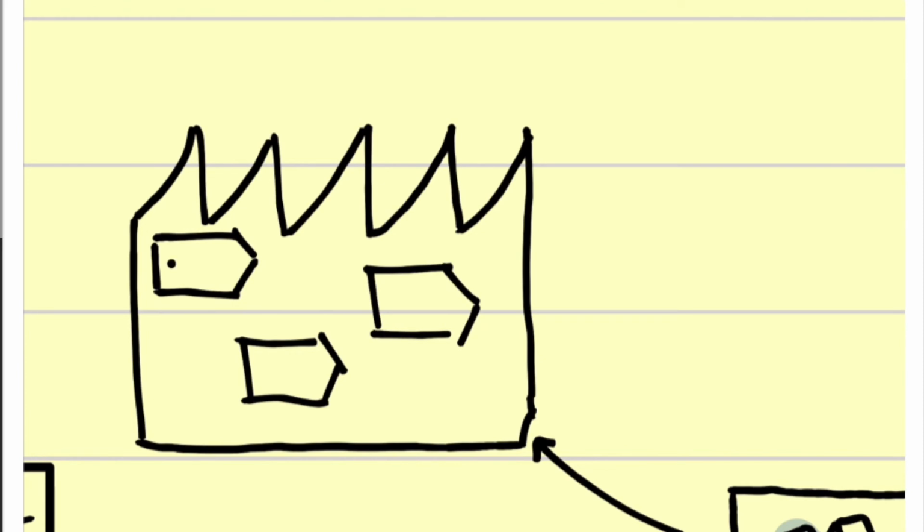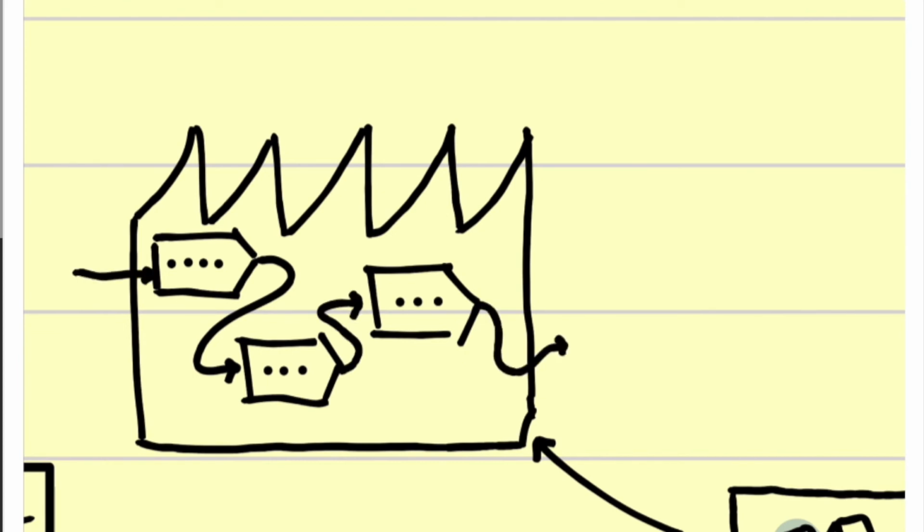Okay, so these value streams are organized in a certain manner so that you transform an input into an output in a factory. Okay.